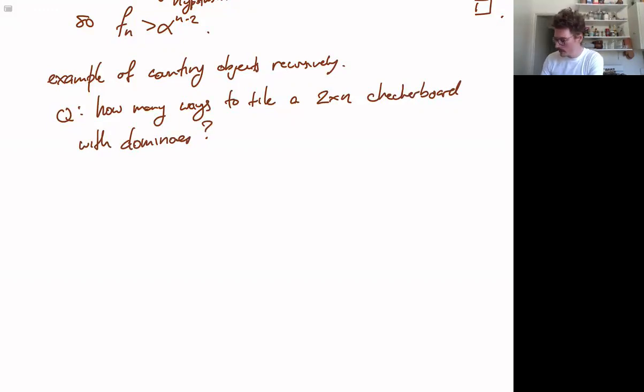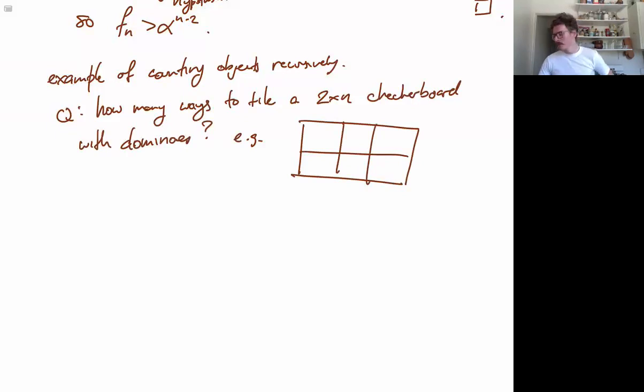So for example, if we just do a quick, let's say it's a 2 by 3, then we could tile it like this. That's 1. Or we could tile it like this. That's 2. Or we could tile it like this. That's 3.